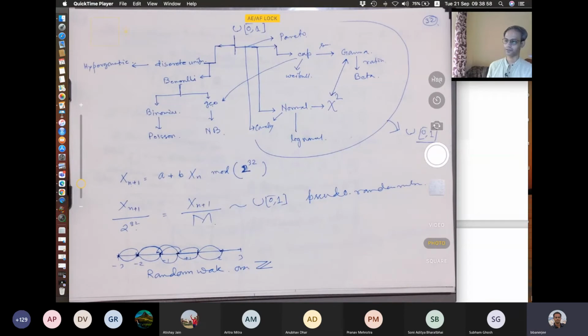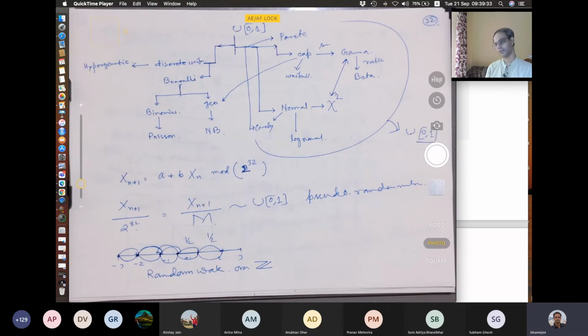It can happen with equal probability, half and half, or with unequal probability. It can be shown in probability that if it is not half, then starting from 0, I will definitely move away from 0. But with probability half, it can be shown that with probability 1, I will eventually return to the origin.